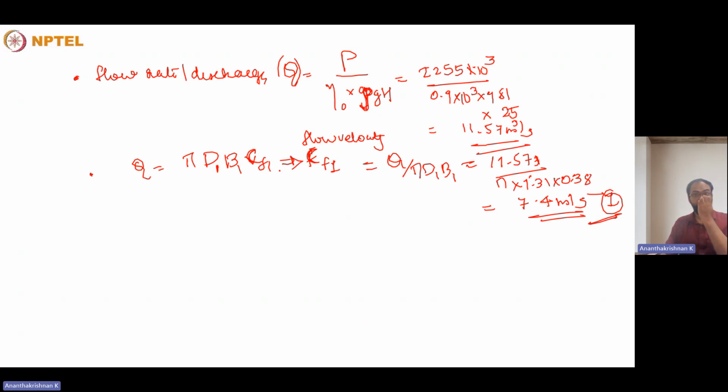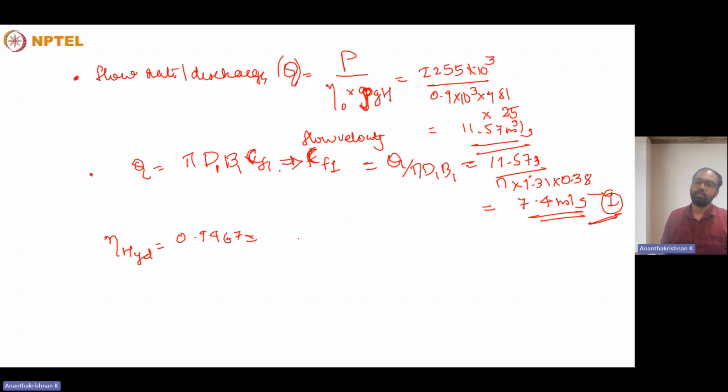Now we need to calculate the whirl component of the velocity, and using both these parameters, we can determine the blade velocity component. And we have calculated the hydraulic efficiency from the previous analysis. Hydraulic efficiency, we determined it to be 0.9467.